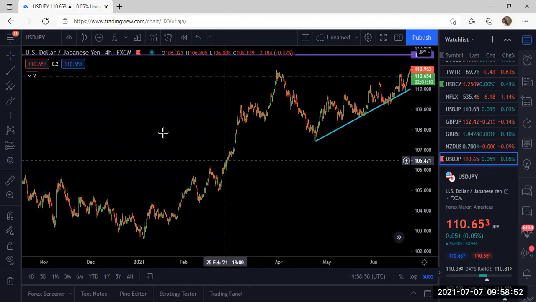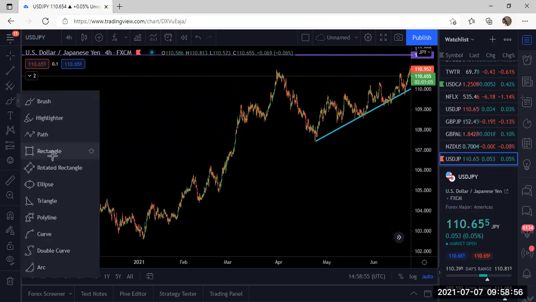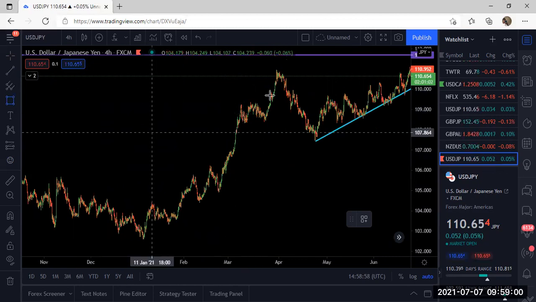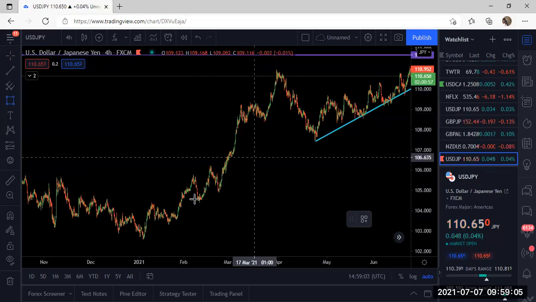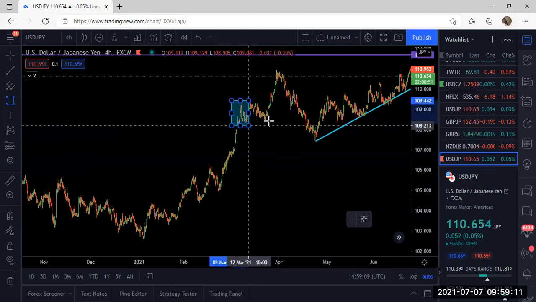So, how I know when to enter? I come over here and I give me a rectangle, right? And I basically look for a price when it's sideways. I look for price when it's sideways, when it consolidates, when it's rejecting, or it's resisting, okay? I grab me a box.